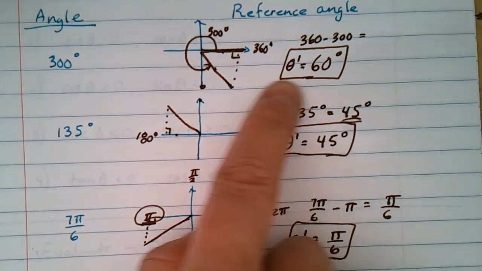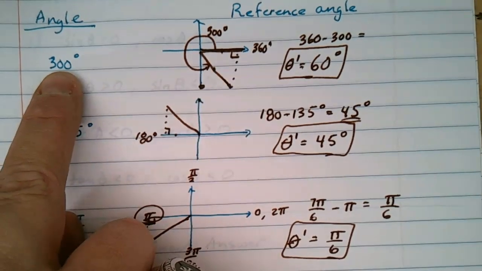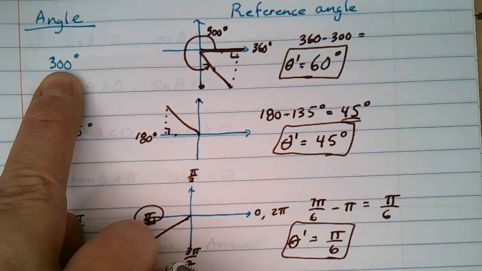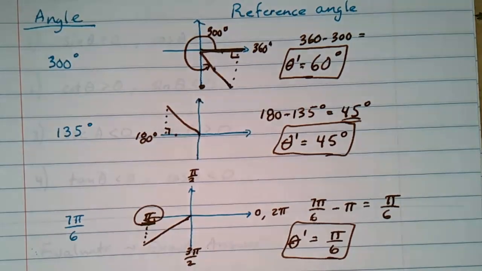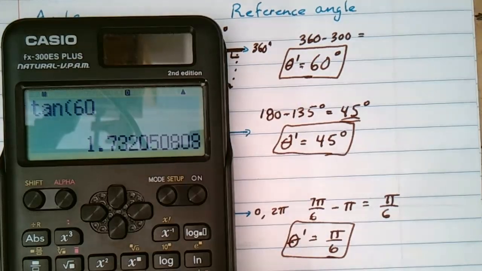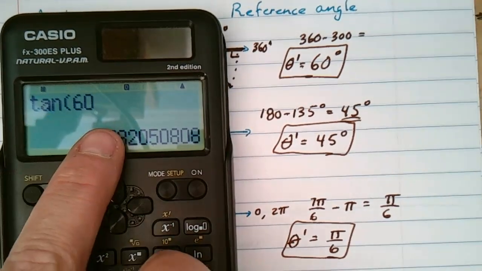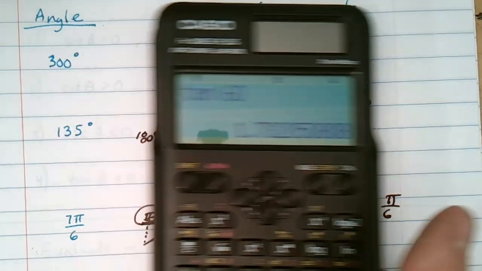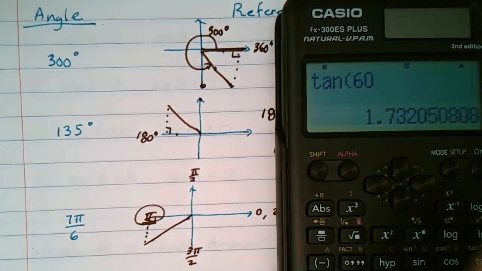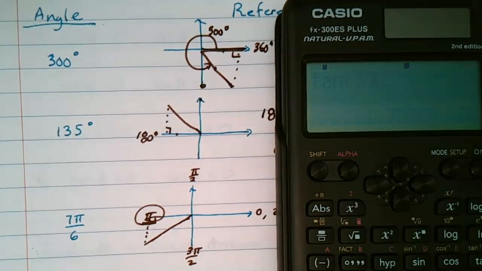What does that mean? The cosine of this angle is going to be positive. The sine and the tangent are going to be negative. So I can find the tangent of 60, and because I know I'm in quadrant 4, stick a negative in front of this, and I get the same answer.